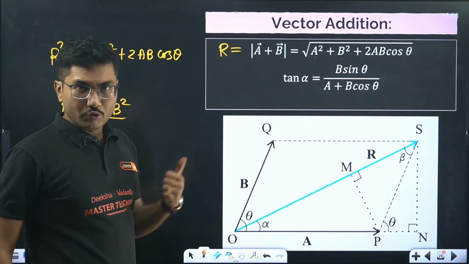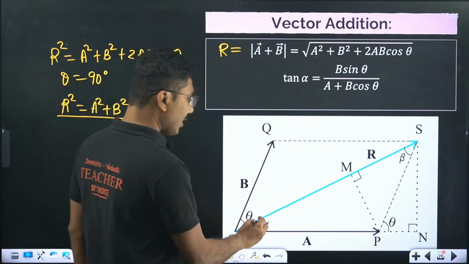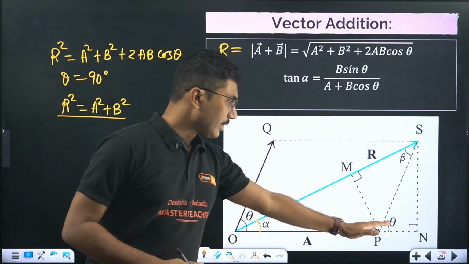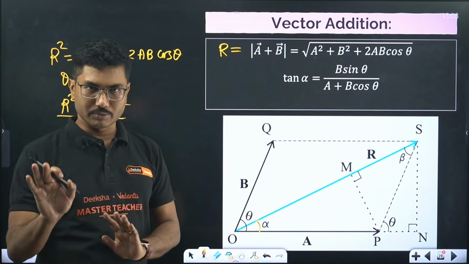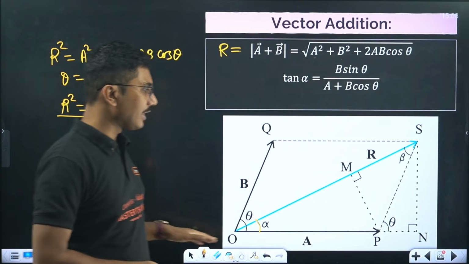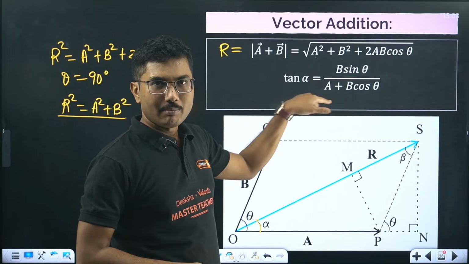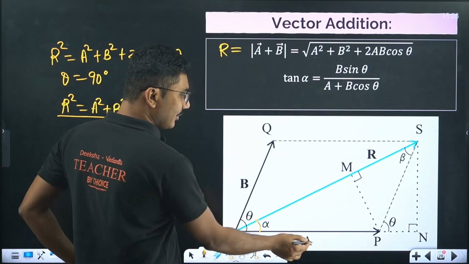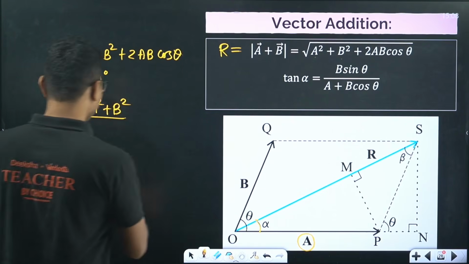Now this is not over, you have to find the direction of this vector as well. If you are measuring the direction angle alpha with respect to vector A, you can also find this angle with respect to B. But if you are measuring the angle alpha with respect to vector A, then it will be b sin theta by b cos theta plus A. Remember this. So how to find the angle alpha?